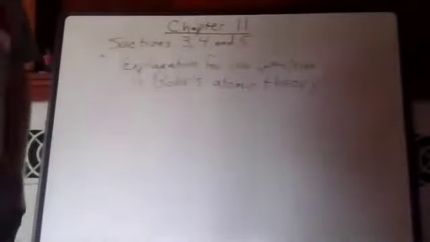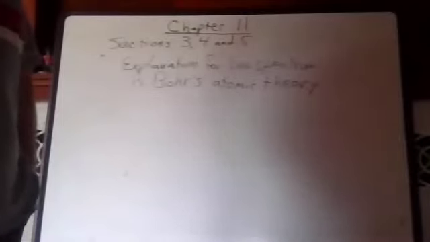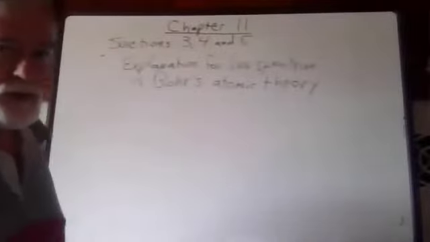This was a breakthrough at the time, but this is an old theory, and it's a good example of the fact that theories can evolve and be replaced by other theories. But it's still a good tool for us to use because it's a simpler view of the atom than the modern view. So that's what we're going to start with, Bohr's atomic theory, the Bohr model of the atom.